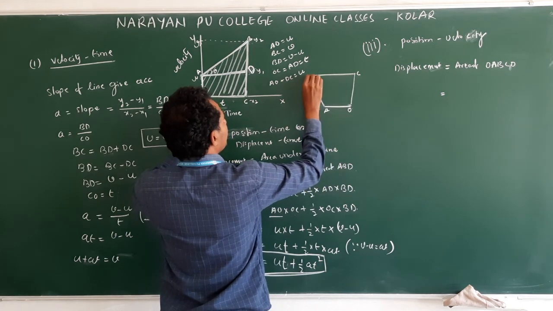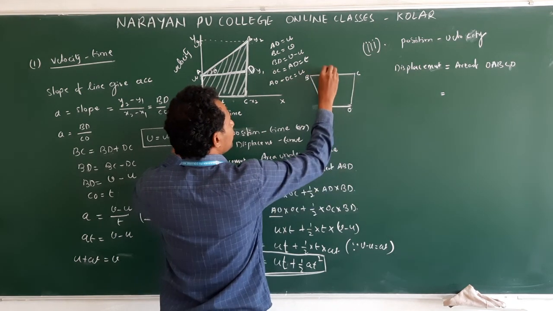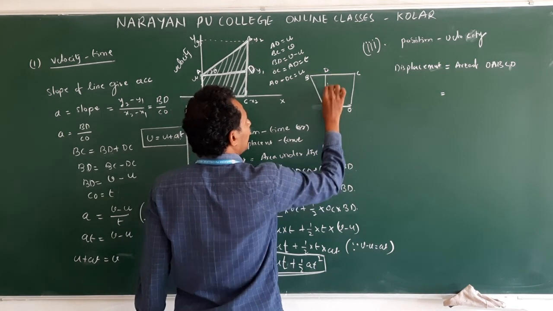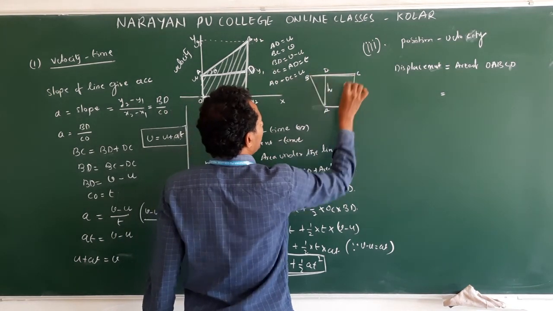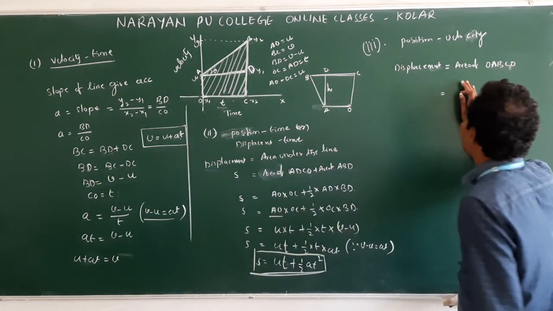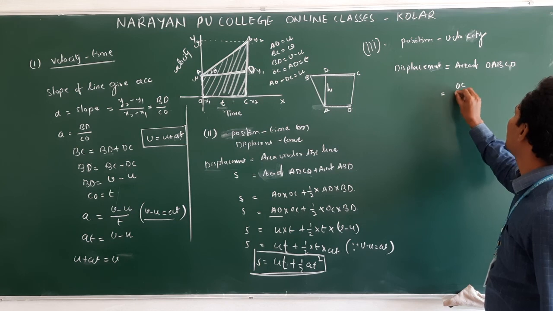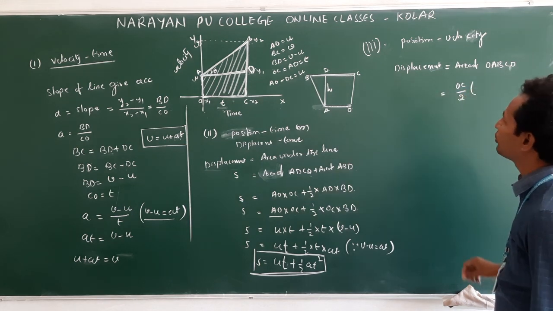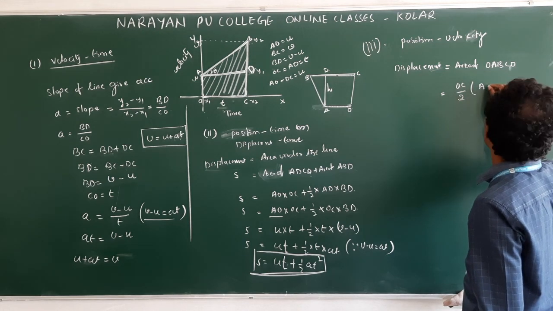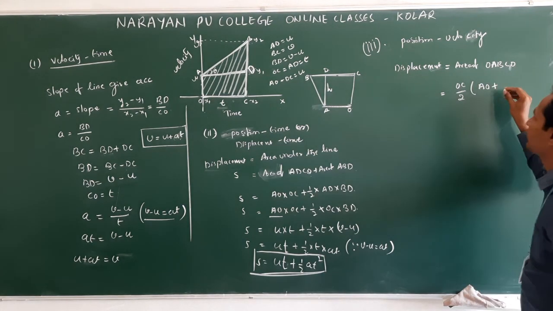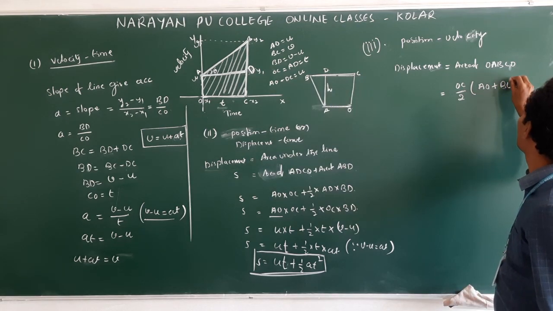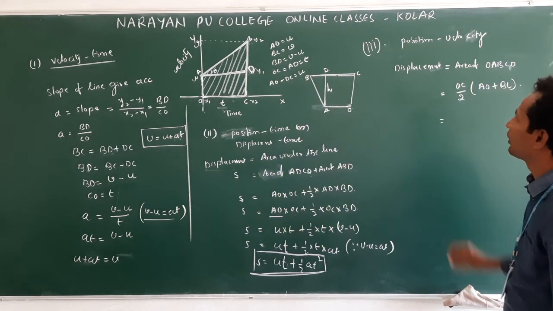This is B, this is D. This is the height, and these two are parallel lines. Clear? So I can write OC by 2 into the sum of the parallel lines, AO plus BC.